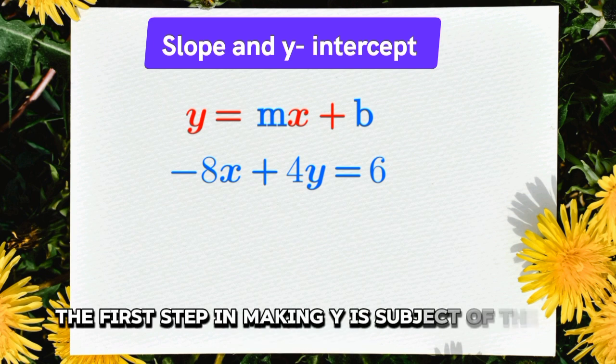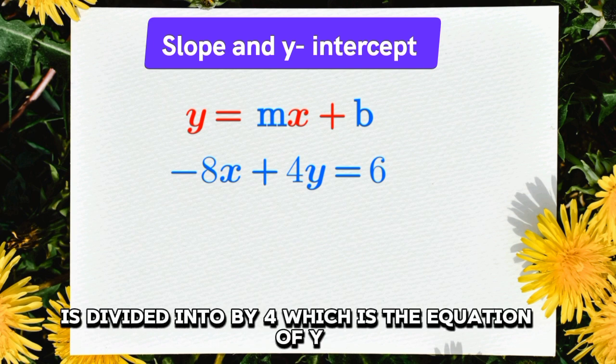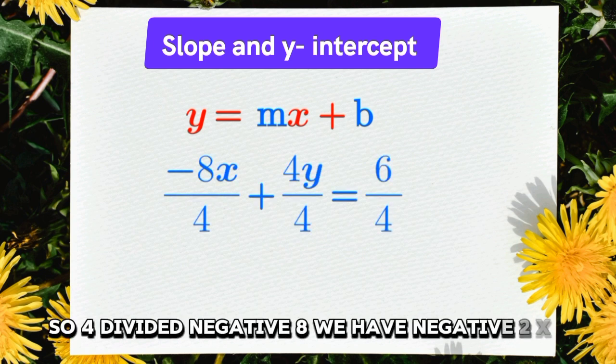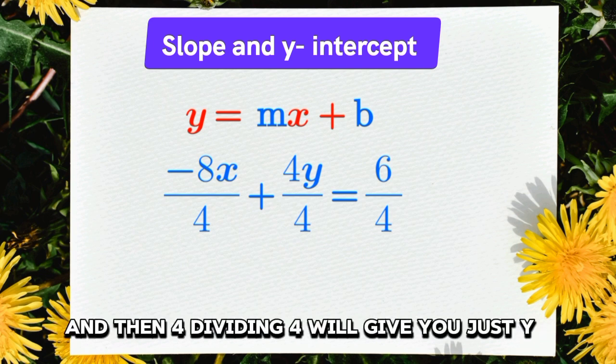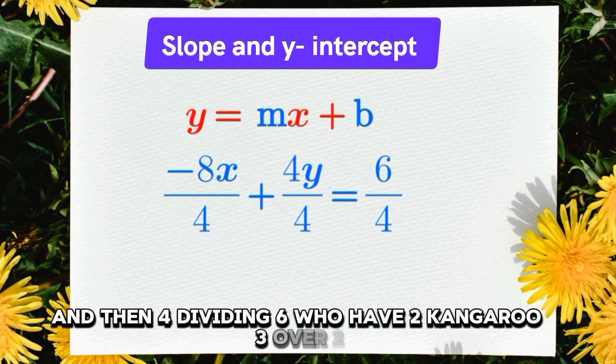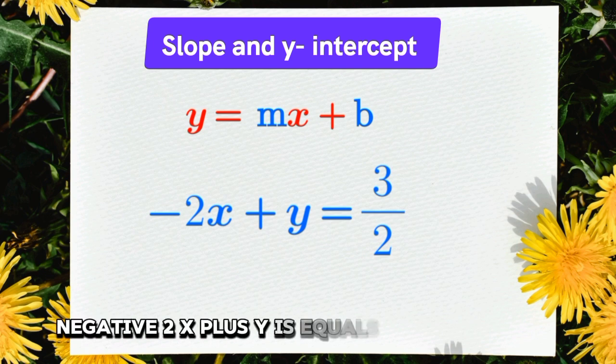The first step is dividing through by 4, which is the coefficient of y. So 4 dividing negative 8x, we have negative 2x, 4 dividing 4 will give you just y, and 4 dividing 6, we can divide through by 2 and we'll have 3 over 2. So our equation will look like this: negative 2x plus y equals 3 over 2.